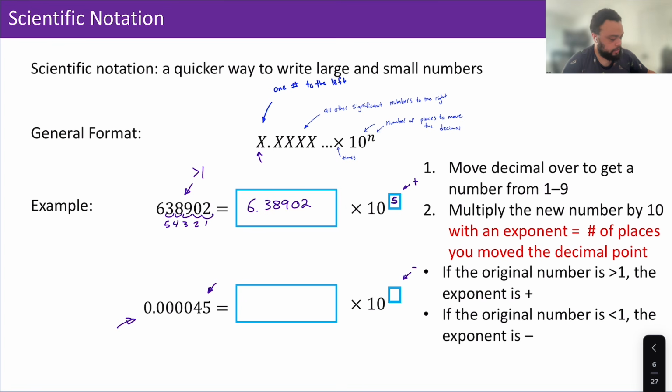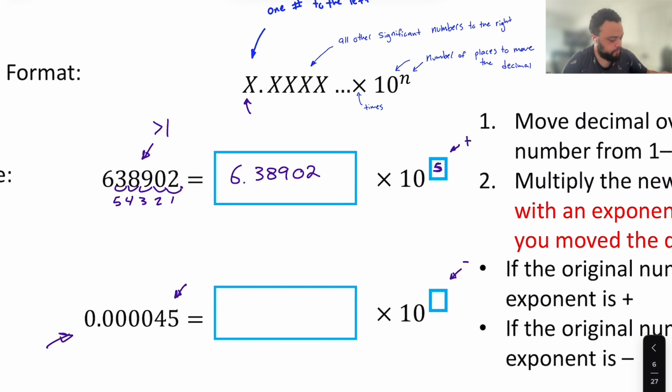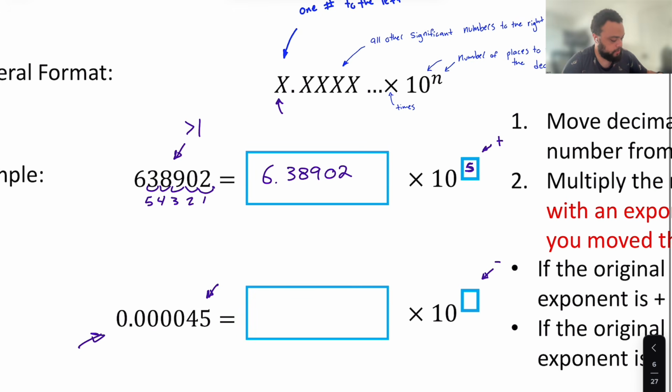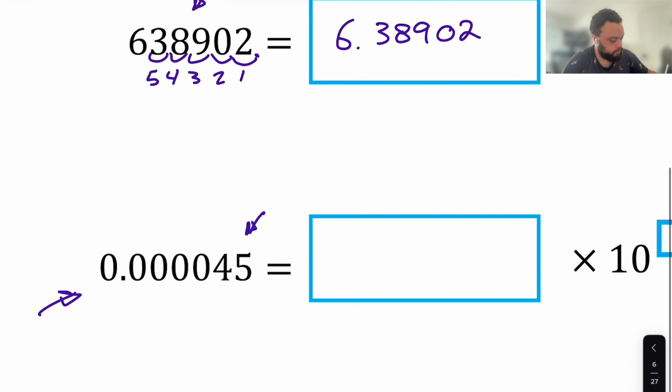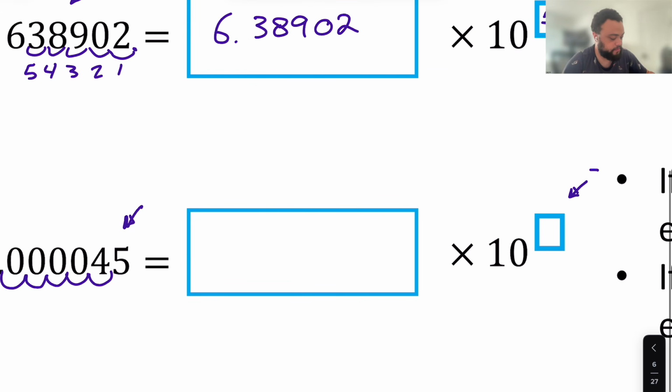Okay, cool. Let's try it. We're going to see how many times we have to move the decimal in order to get one number on the left. That's going to be one, two, three, four, five. Okay, excellent. That is going to be five. So that means we have 4.5 right there.